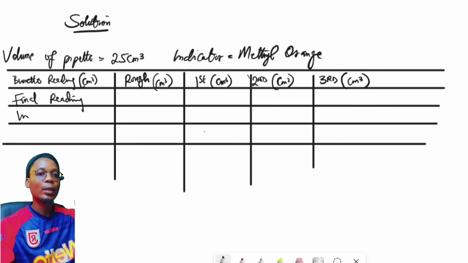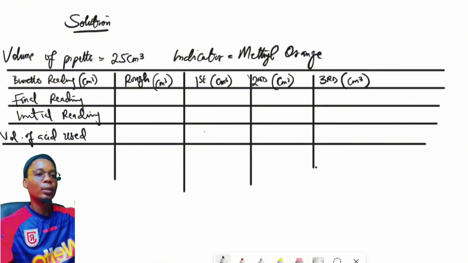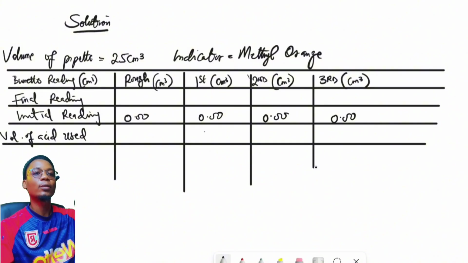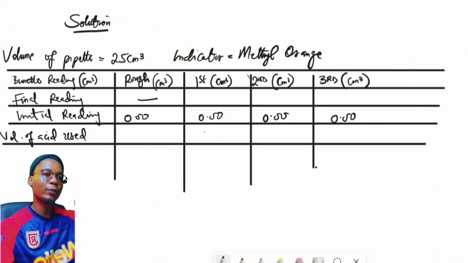Then we're going to have the initial reading, and we are going to have the volume of acid used. For all our initials, they were 0.00. Remember, I said I'm skipping rough, but it is advisable that you do that before you continue.